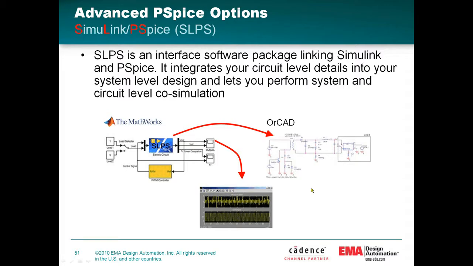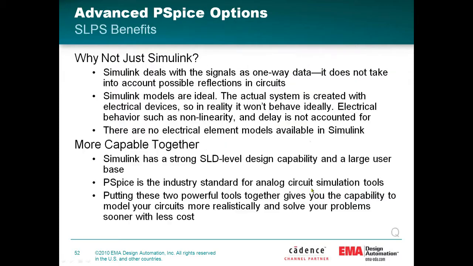So it gives you a level of co-simulation in a mathematical simulator like that. It's really convenient because it gives you the ability to account for reflections in circuits and a better way to deal with models that are ideal in Simulink. It gives you a more realistic type of modeling capability in that particular environment.